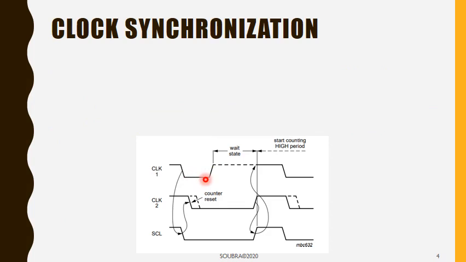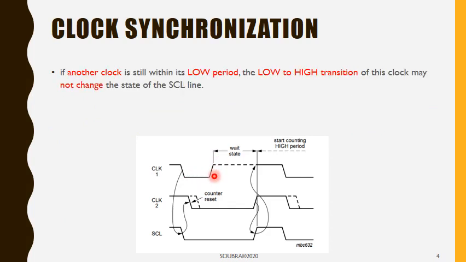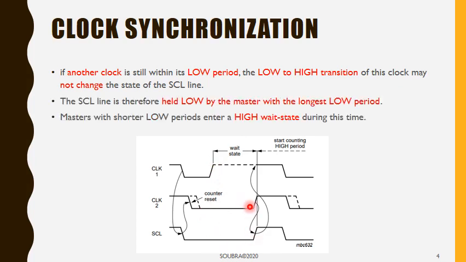So as said, in the low to high now, the master that needs to go back to high will be forced in a wait state, because of the logical AND, until the slowest master, the master with the longest low, brings the clock back up again. All right, so you can see that.